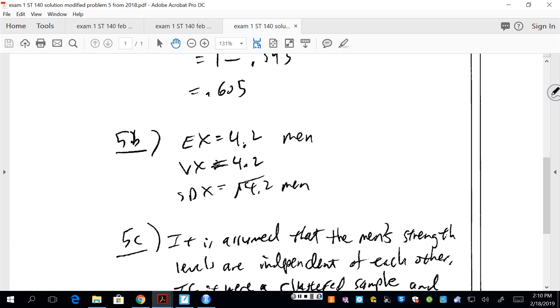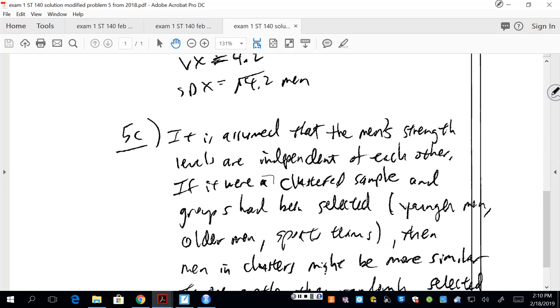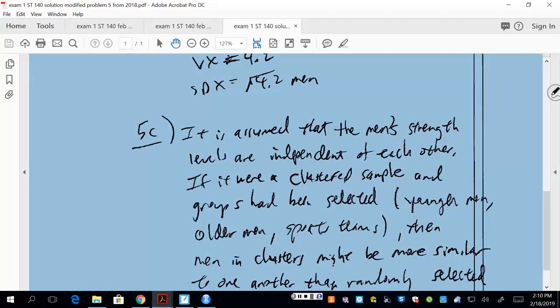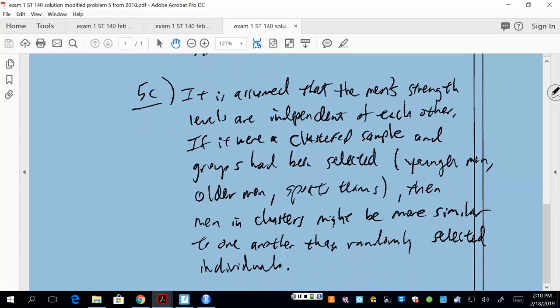And this is counting the number of men that have this grip strength out of 1,000. And then they asked, was independence important? Well, it turns out, if we do assume that these men are independent, the grip strength of one doesn't depend on the grip strength of another.